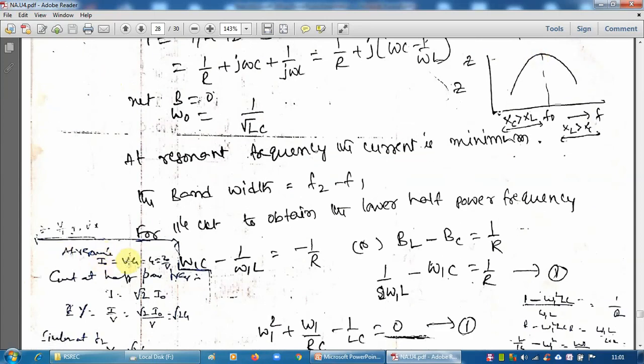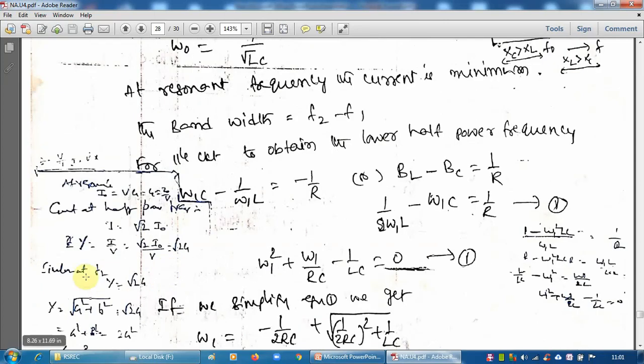I is in general V into Y, or V by Z. Here also I equals V into Y, but Y at resonance is only G. Why? Because Y means G plus jB, and at resonance B equals 0, so Y equals only G. Therefore at resonance the current I naught is nothing but V into G, or from this, G equals I naught by V.